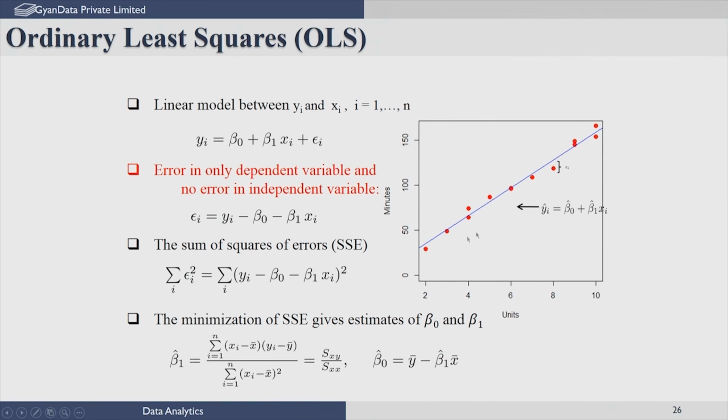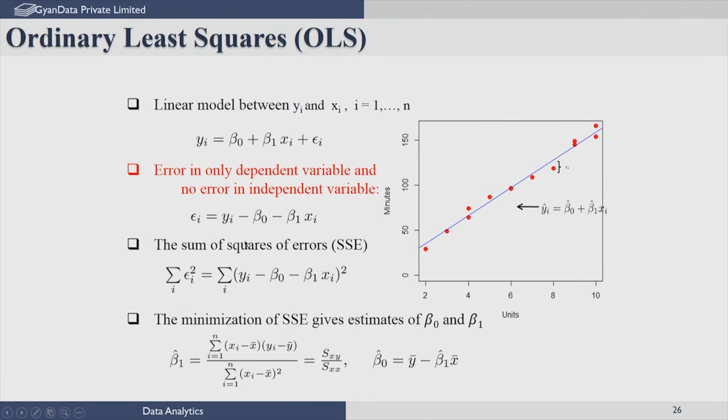Geometrically, beta naught represents the value of y when x is 0. So, when you put x equal to 0 and look at where this line intercepts the y axis, this vertical distance is beta naught, and the slope of this regression line is beta 1. So, you are estimating the intercept and slope.